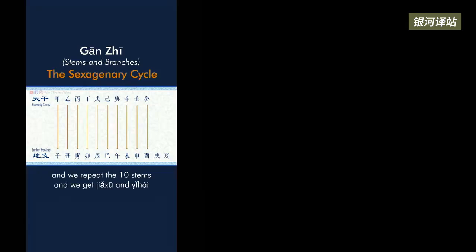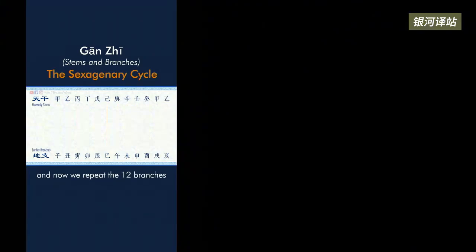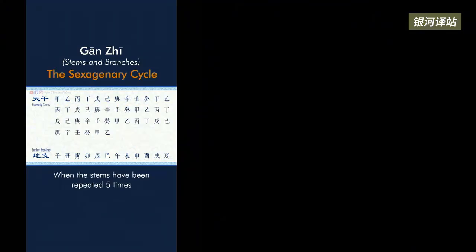And we repeat the 10 stems, and we get Jiaxu and Yihai. And now we repeat the 12 branches. So next is Bingzi, and you get the idea. When the stems have been repeated 5 times, it goes back to Jiazi, and that completes a cycle of a total of 60 character combinations.